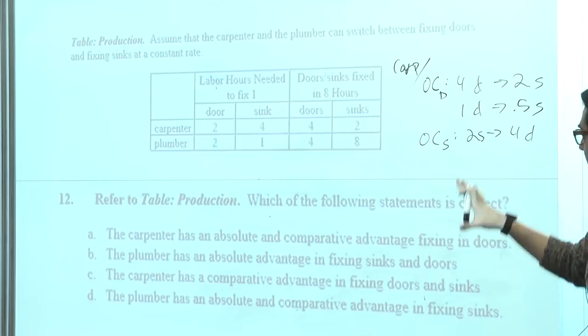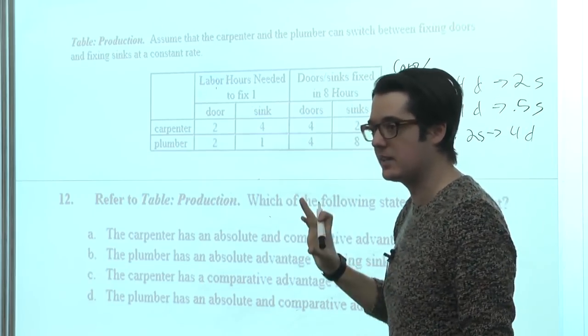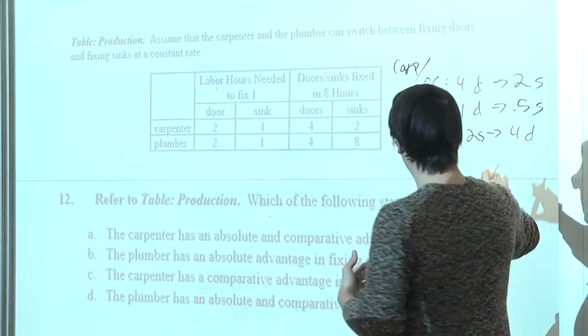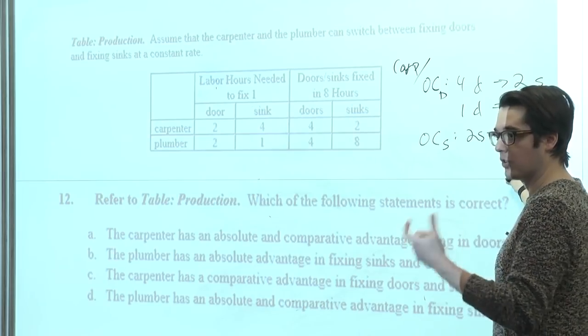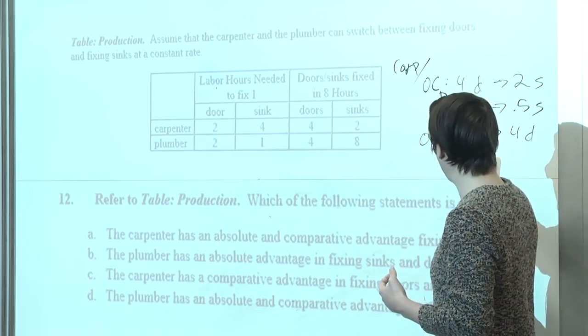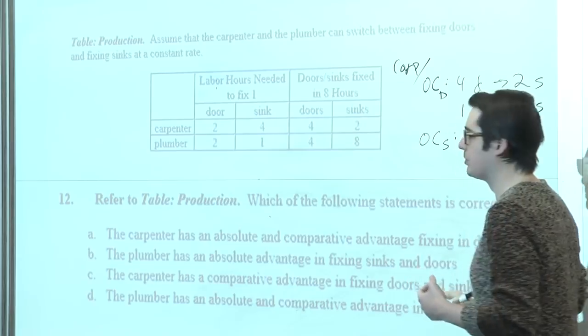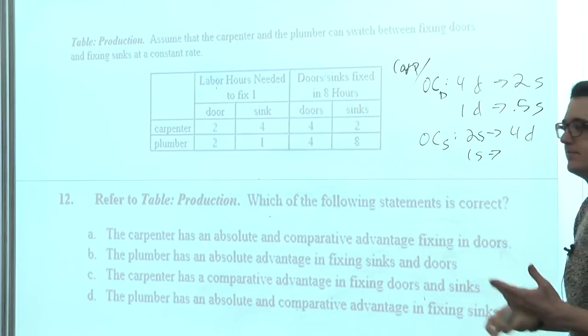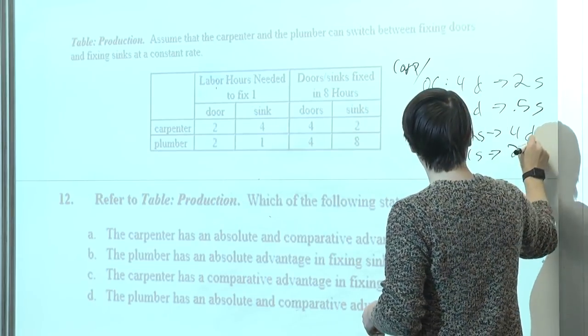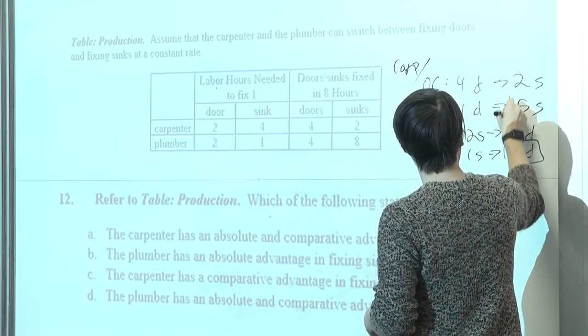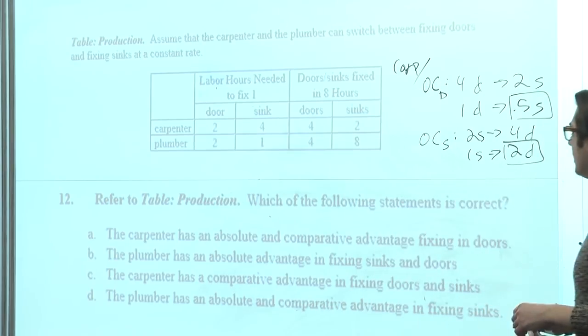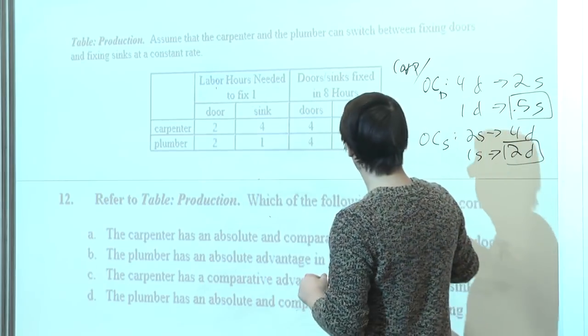Alternatively, if he were to produce two sinks, he would need to give up 4 doors to produce that. So how much would he have to give up to produce 1 sink? 2 doors. Okay, so those are the carpenter's opportunity costs for both doors and sinks.